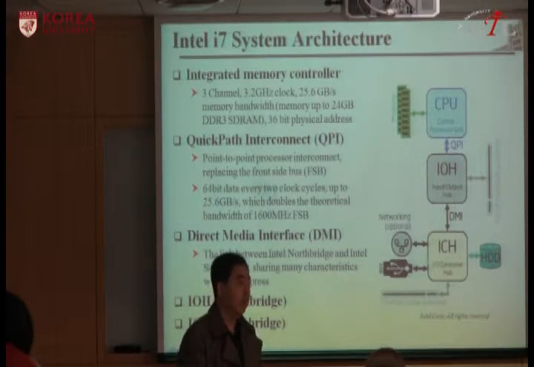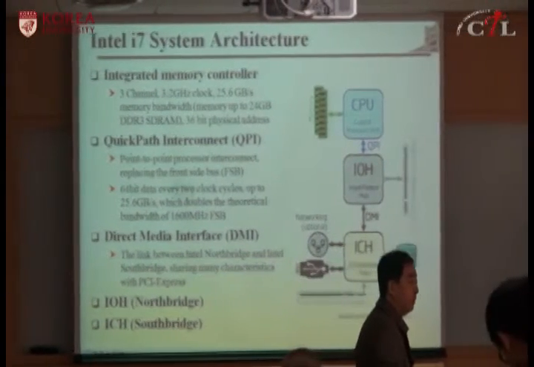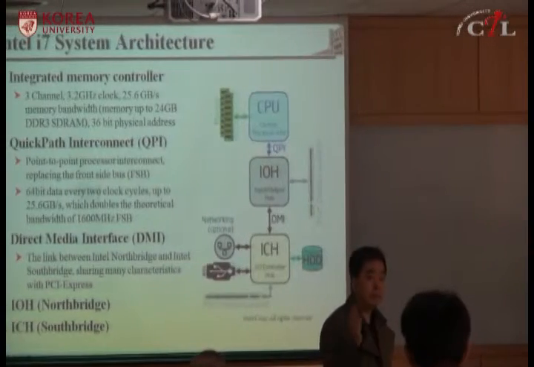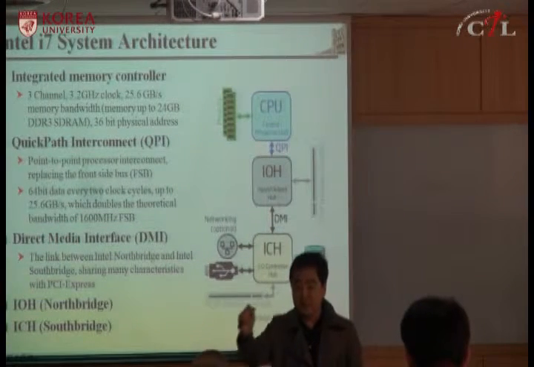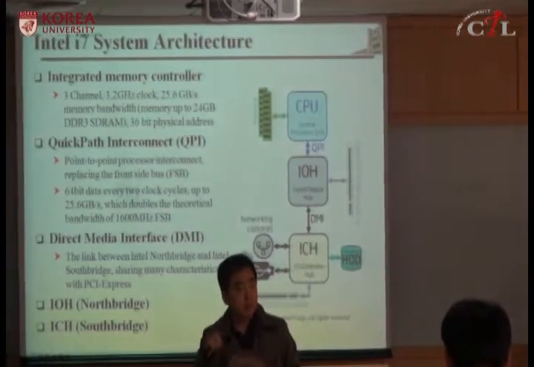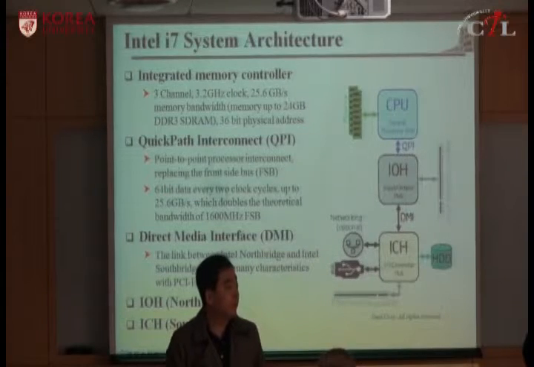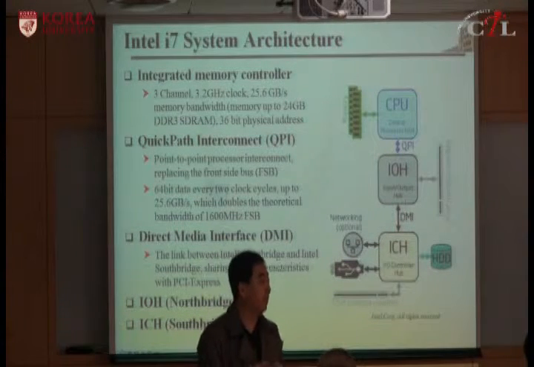They try to come up with other technologies such as double pumping or quad pumping, which means every bus cycle, before the signal arrives at the destination, we send another signal. It's called bit pipelining.